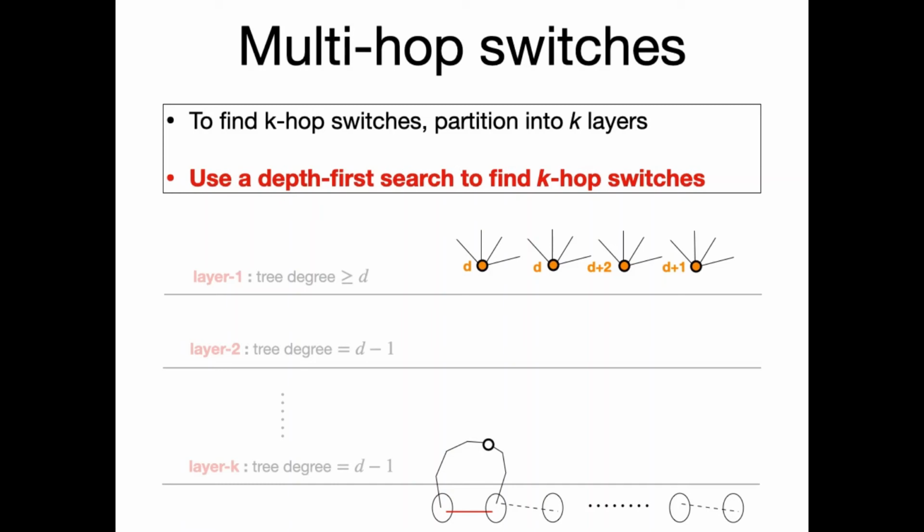For each one of the vertices, we scan its adjacency list and look for inter-component edges. And then we find a tree path that connects to even higher layers, and then we do the recursion until we can reach the first layer. And this would give us a k-hop switch.